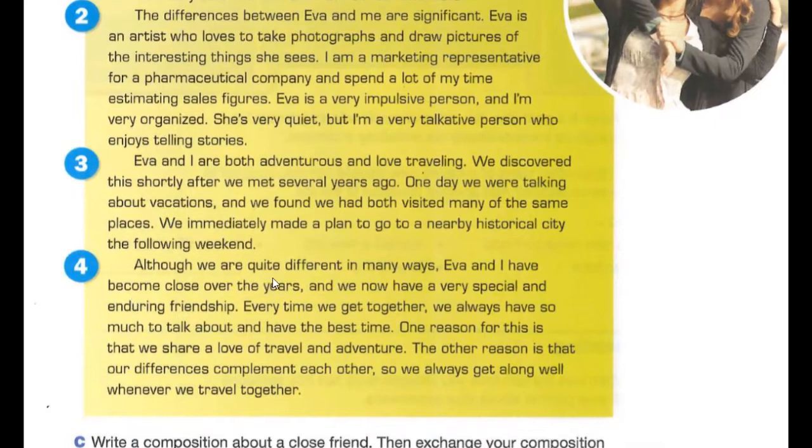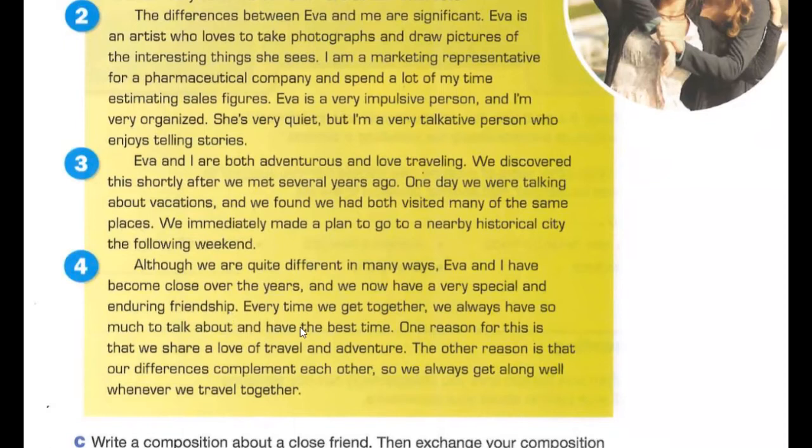Although we are quite different in many ways, Eva and I have become close over the years, and we now have a very special and enduring friendship. You see this one? The writer restates the thesis statement.